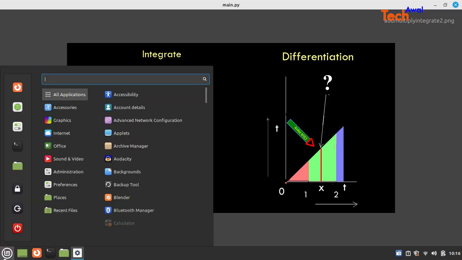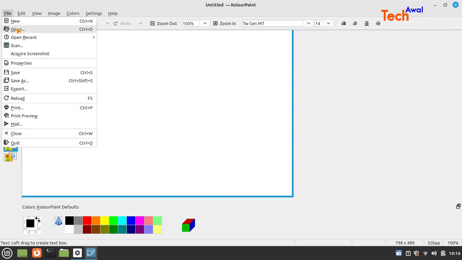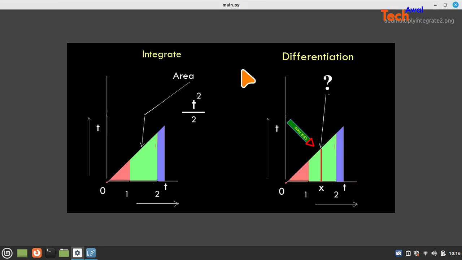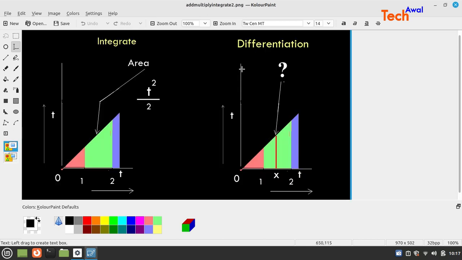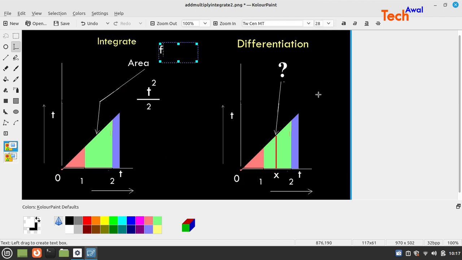Okay. So it is represented like this. So if I say f(x) is a function, then integration of f(x).